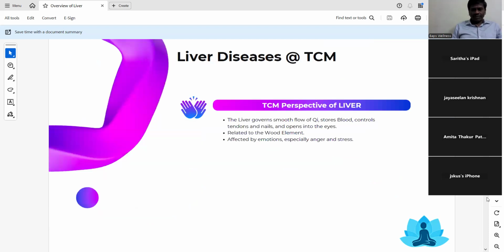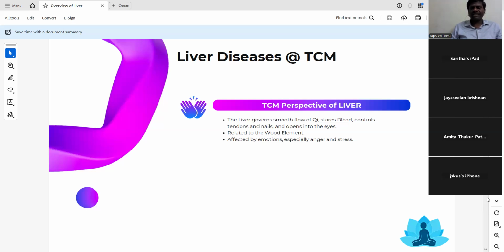With regard to the TCM perspective, what does TCM say about the liver, and what are the patterns that cause problems in the body? That we will see now. As per TCM, the liver governs the smooth flow of chi.